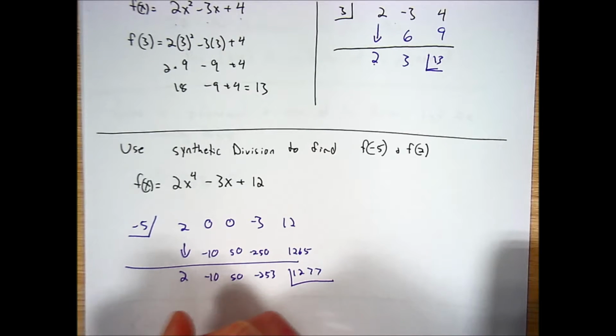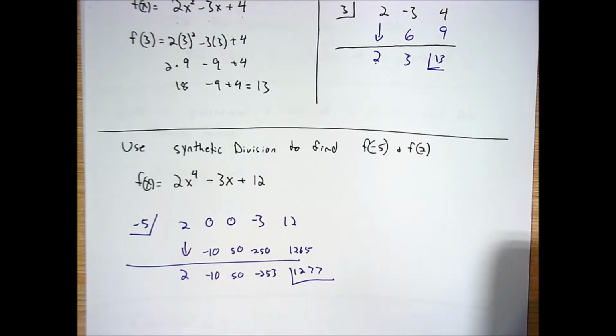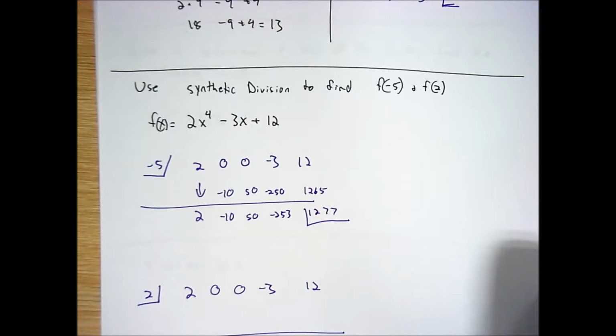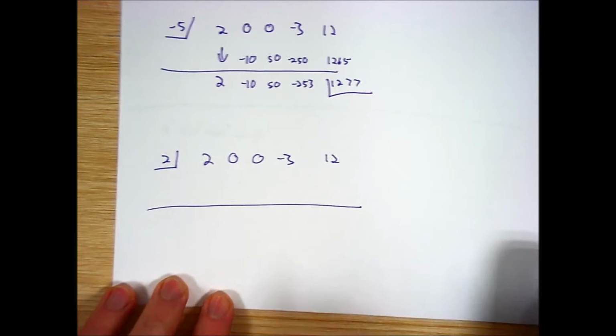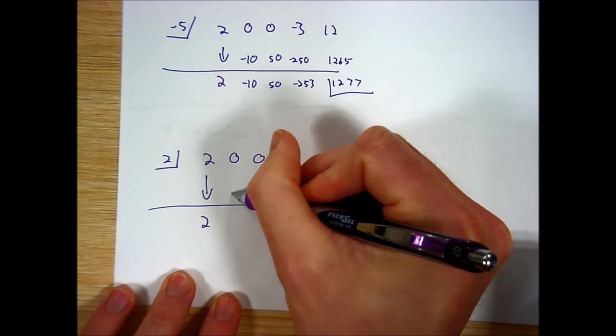Put 2 in the box. Again, same stuff there too: 0, 0, negative 3, 12. Let's drop this down. 2 comes down. 2 times 2 is 4.